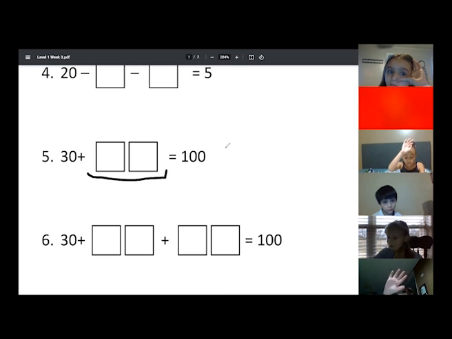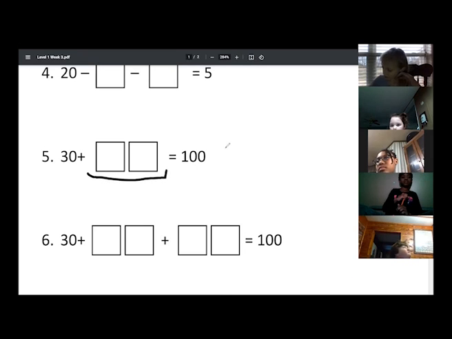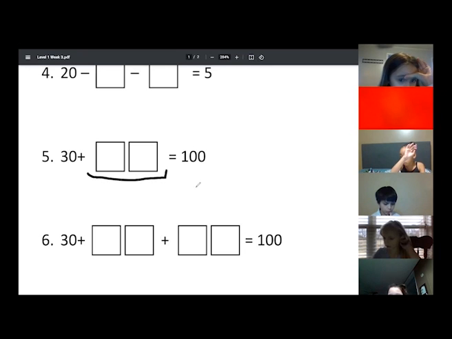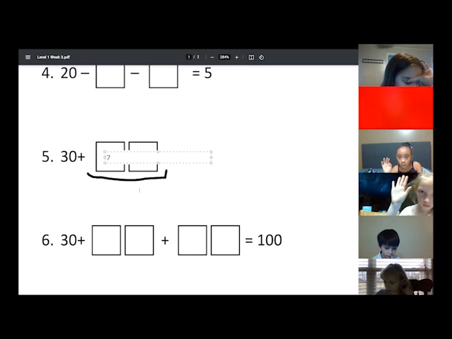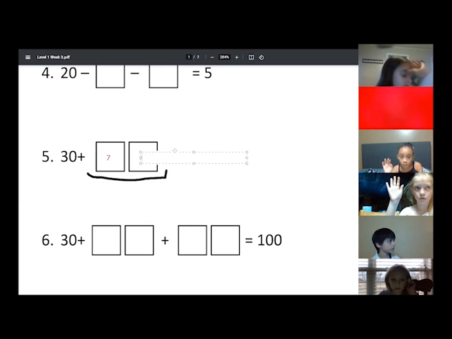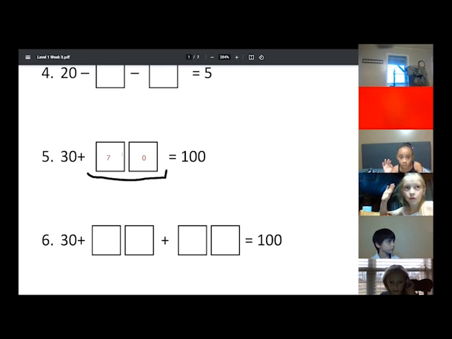Marley, do you know? 70. 70, right. So we will put the 7 in the first box and the 0 in the second box. Because like I said, we don't have a plus sign between the boxes, so we're not adding those numbers. It's just the first digit of the number and the second digit of the number.